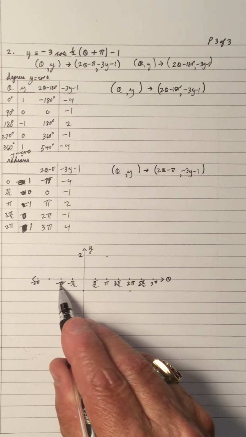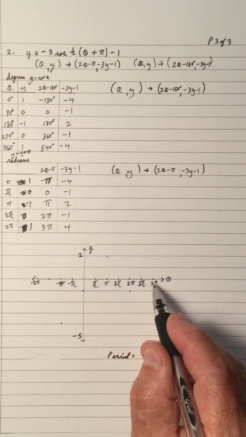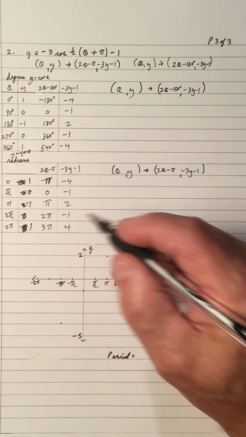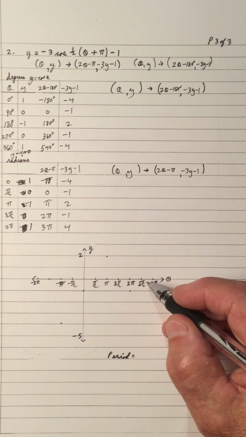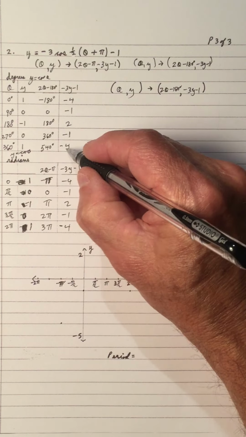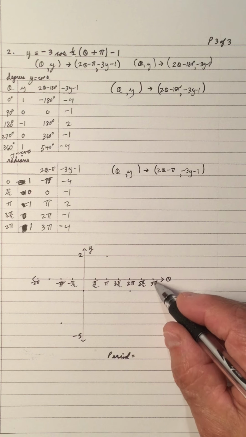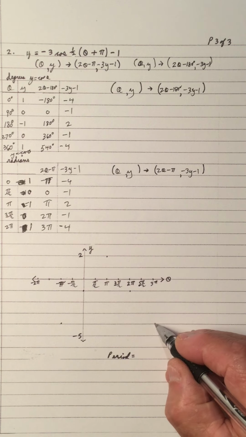So again, -pi, pi, 2 pi, 3 pi. I didn't write my -4 in because it keeps coming down. So 3 pi is -4.